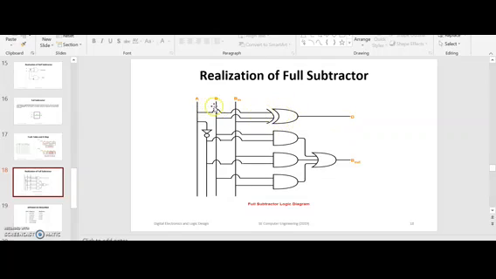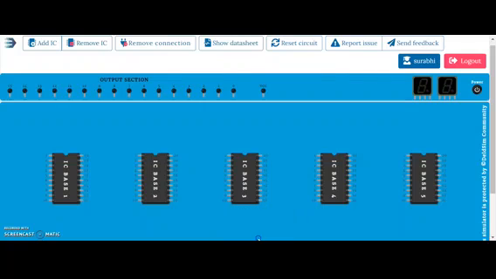The inputs will be A, B and B in, and for borrow we'll need an AND gate, an OR gate, and a NOT gate for inversion. So we will implement this full subtractor now. We will in total need 4 ICs, that is XOR, AND, OR, and NOT gate.